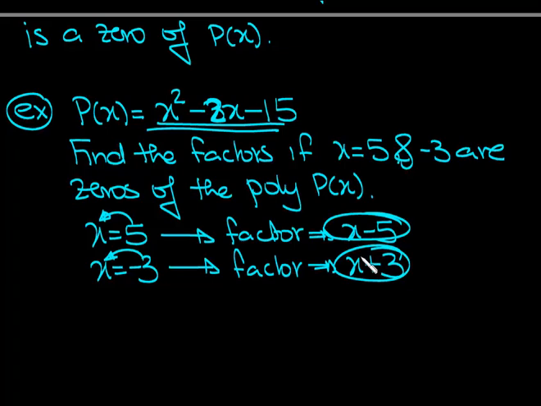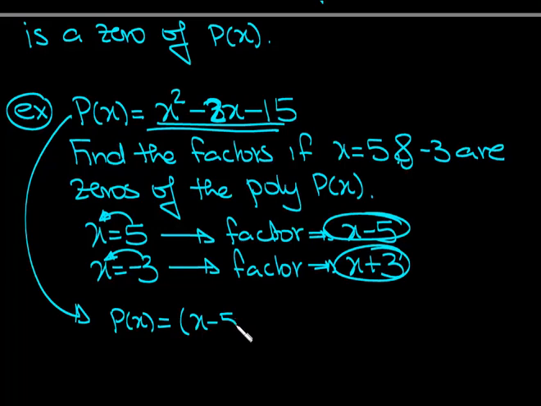Okay, and you can see that if I were to factor this polynomial, this is a simple polynomial that I can factor easily. When you factor it, you get x minus 5 and x plus 3. So those are my factors. Okay. So once you know the zeros, you can tell a lot about the polynomial. You can tell its factors.